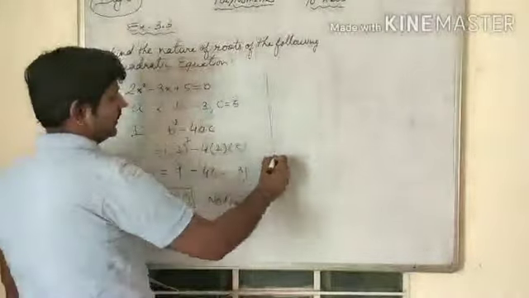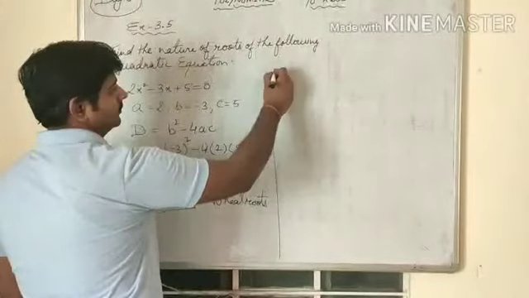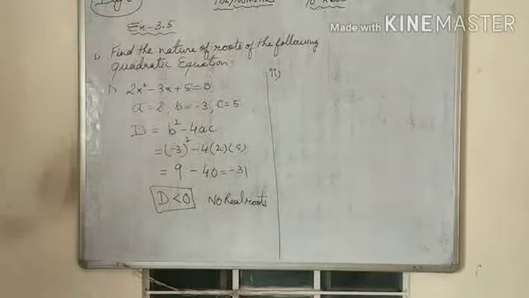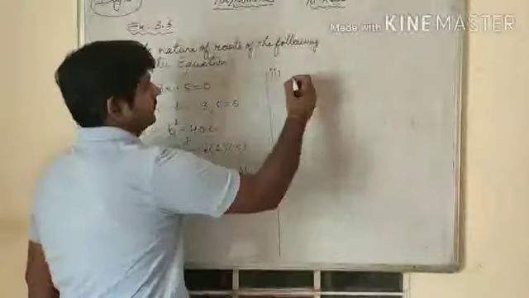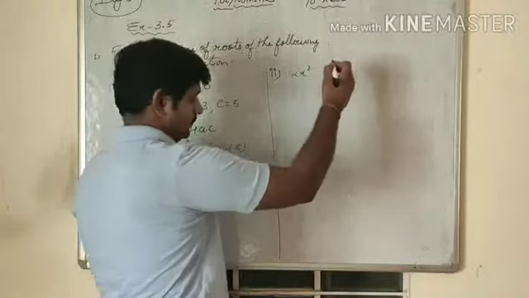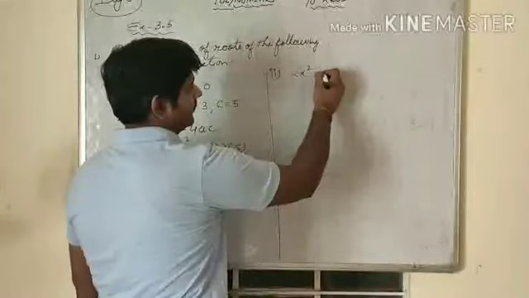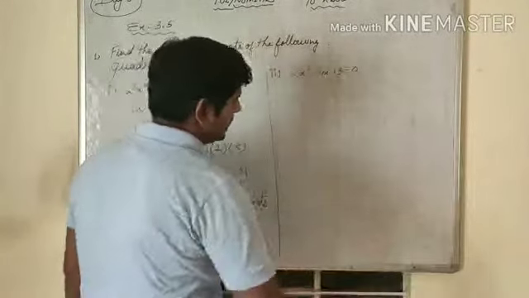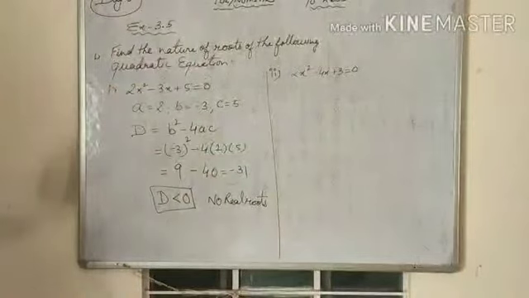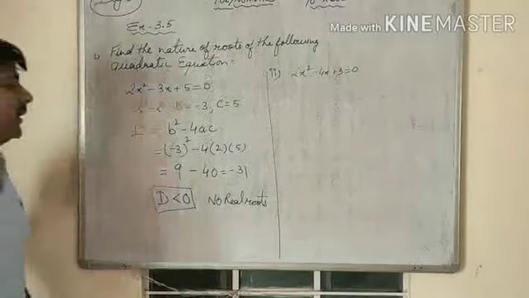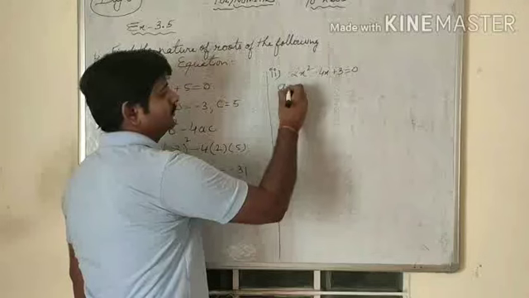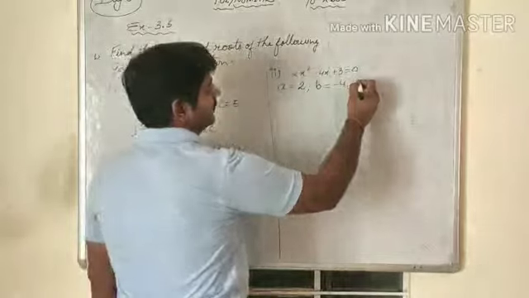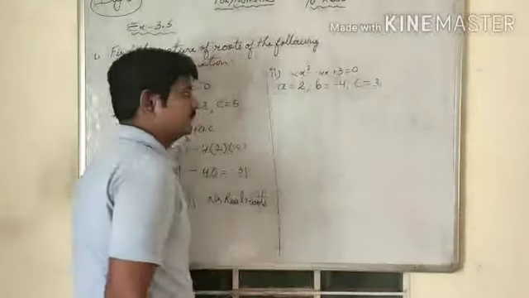Now the second part: 2x square minus 4x plus 3 equals 0. Let's solve this part by the same process. A is 2, B is minus 4 and C is 3.